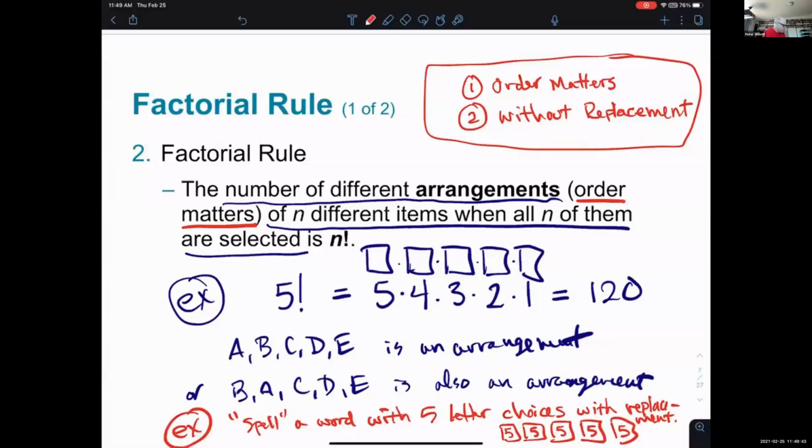And 5 to the 5th power is what? 125 times 5, 625 times 5 is like 3,125, something like that. Something like 3,125 possible ways that I could make this 5-letter word spelled out. Compared to 120, that is a lot bigger.